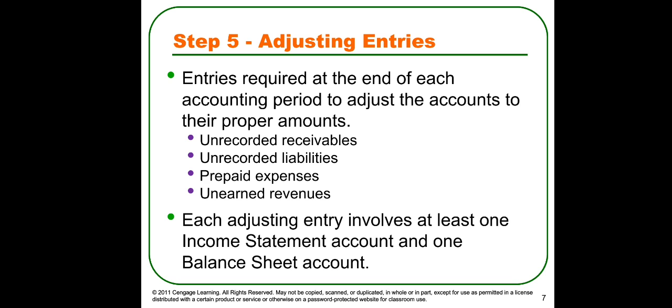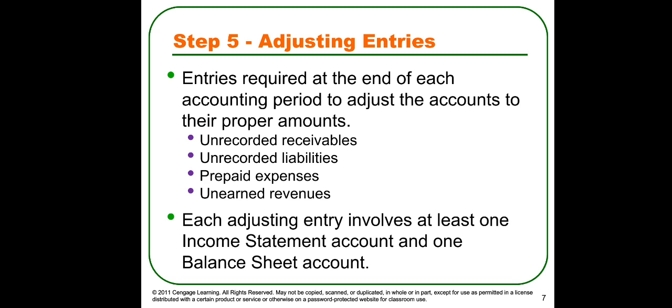The first type of adjusting entries is unrecorded receivable. The second type is unrecorded liabilities. The third type is prepaid expenses, and then type 4 is unearned revenues. And then in this course, you will learn 2 additional adjusting entries. One is adjusting entries for depreciation, and another one is adjusting entries for supplies. Okay, you will see that later.